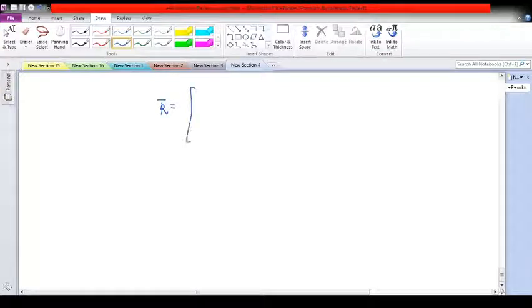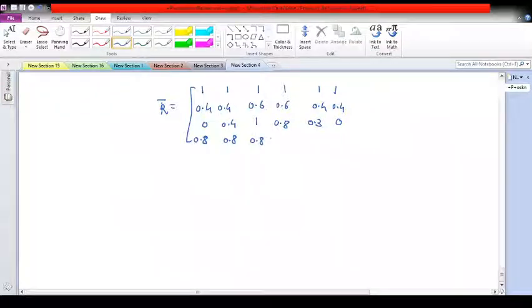For that, the relation matrix was 1 1 1 1 1 1, and it was 0.4 0.4 0.6 0.6 0.4 0.4, then this was 0 0.4 1 0.8 0.3 0, and all were 0.8 0.8 0.8 0.8 0.8 and 0.8.